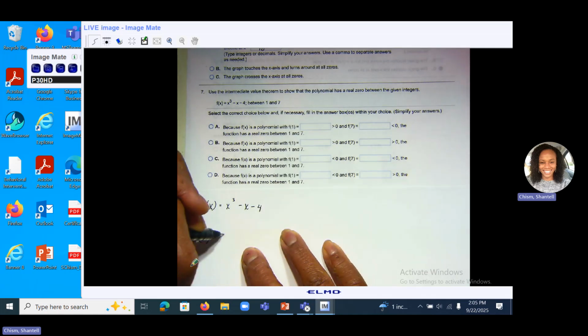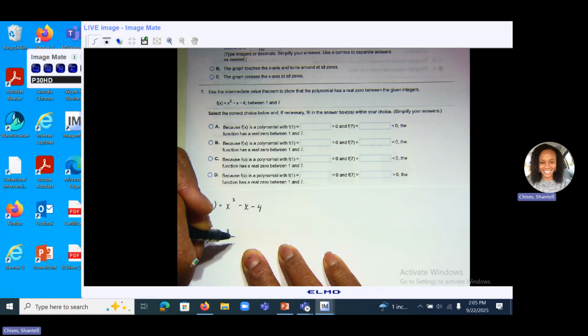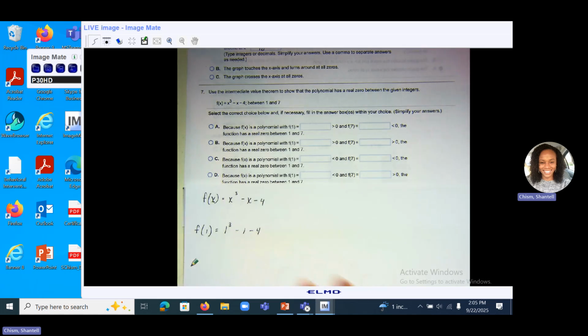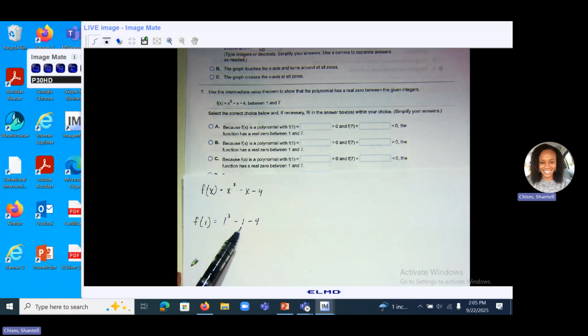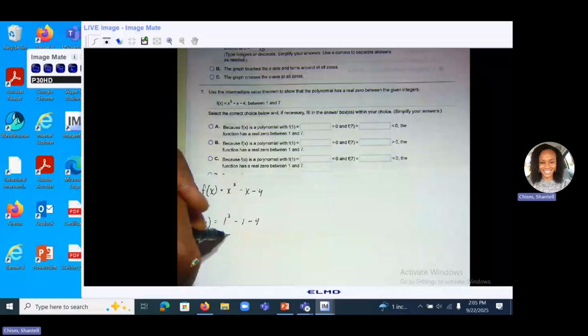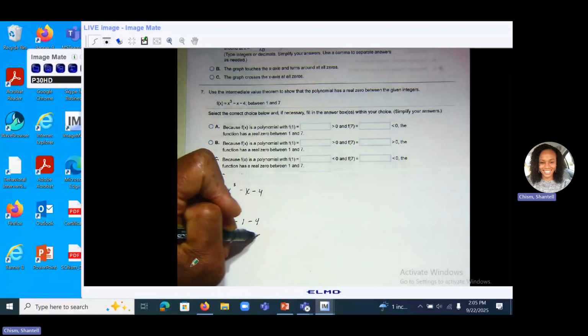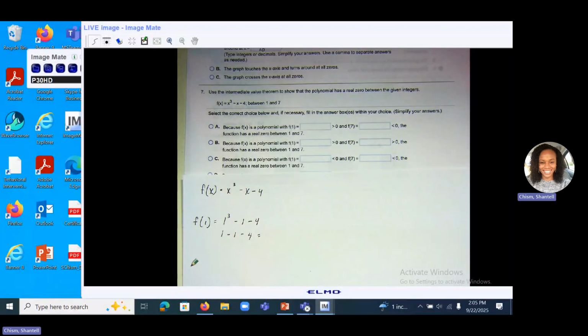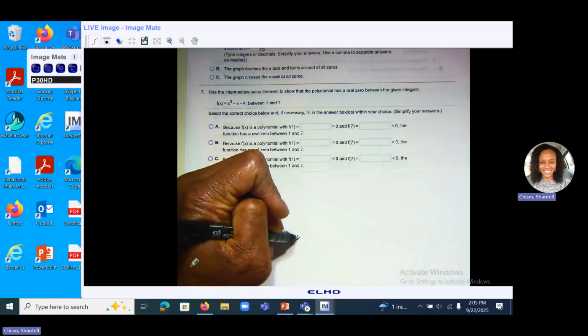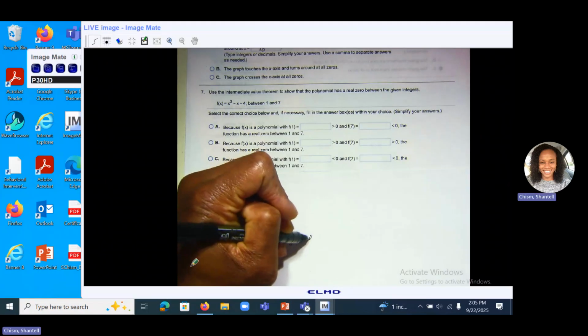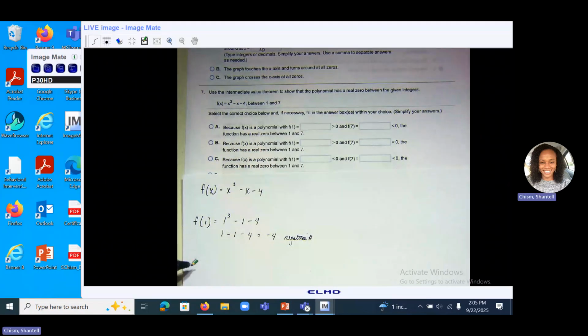We'd have 1 cubed minus 1 minus 4, replacing x with 1. So 1 minus 1 minus 4. 1 minus 1 is 0, so we have negative 4. Notice that is a negative number.